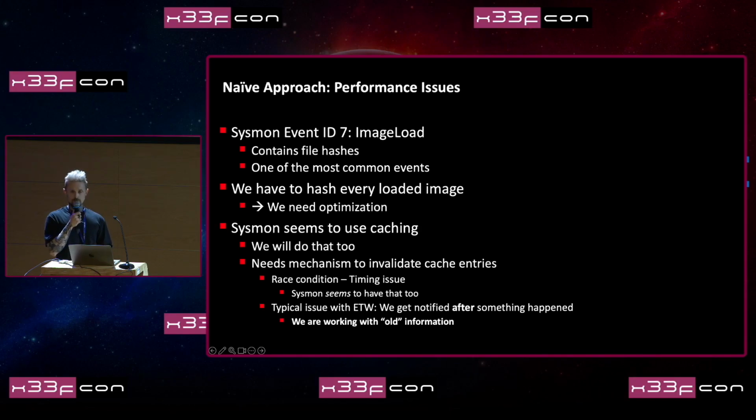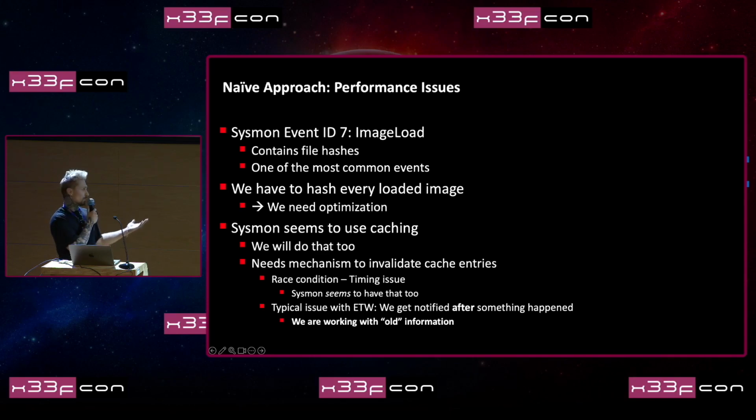And we really quickly ran into a race condition. Imagine you have a DLL on disk, you're changing it, and in the next millisecond someone is loading this DLL. Then there's a possibility that in the generated event there's still the old image hash present because the information that the DLL was changed wasn't yet propagated to Sysmon or our sensor.